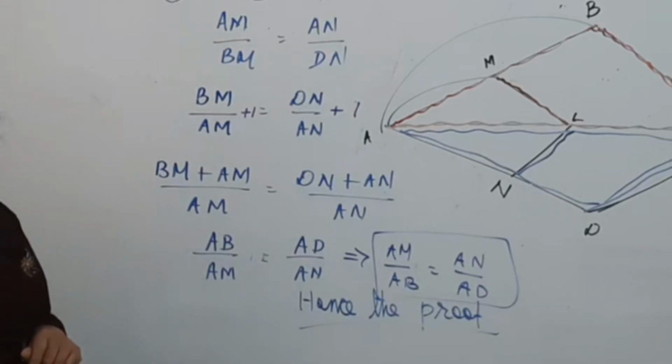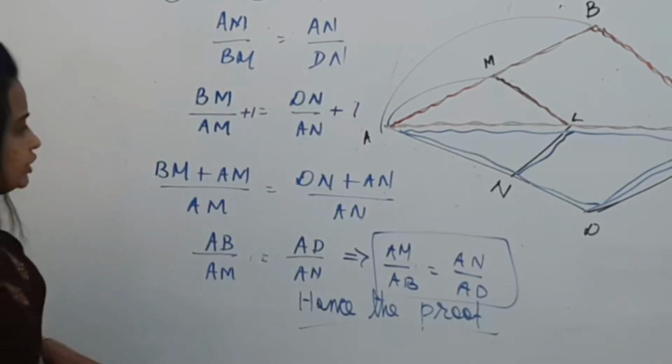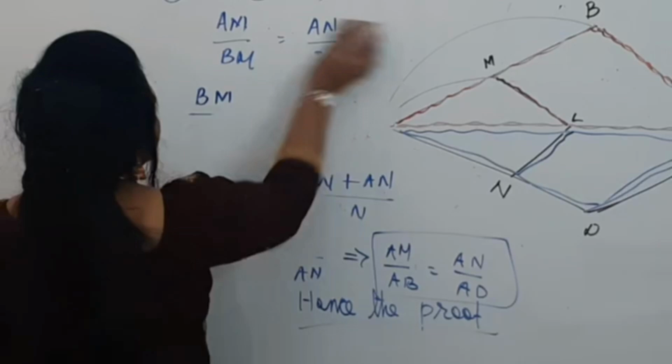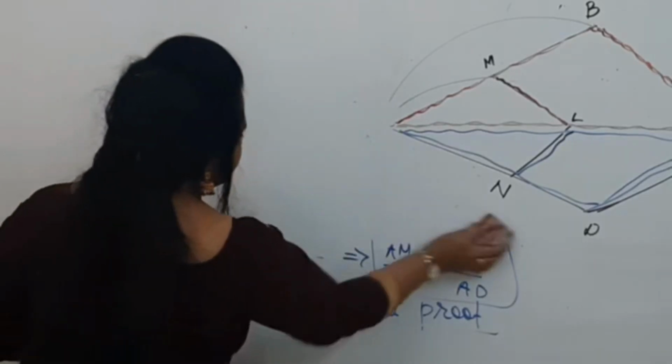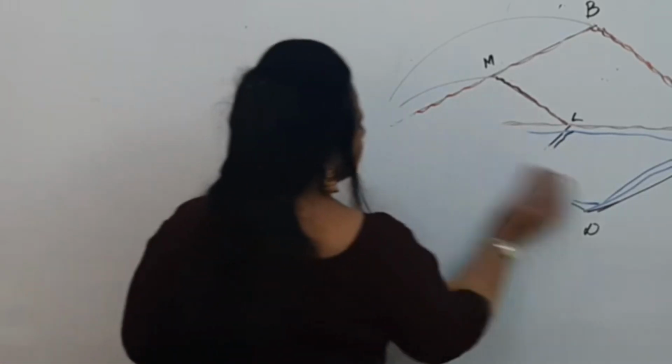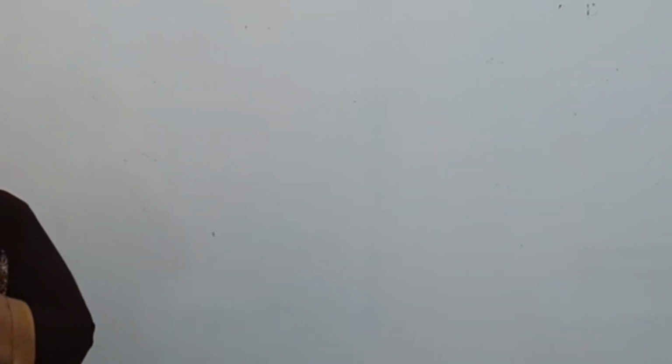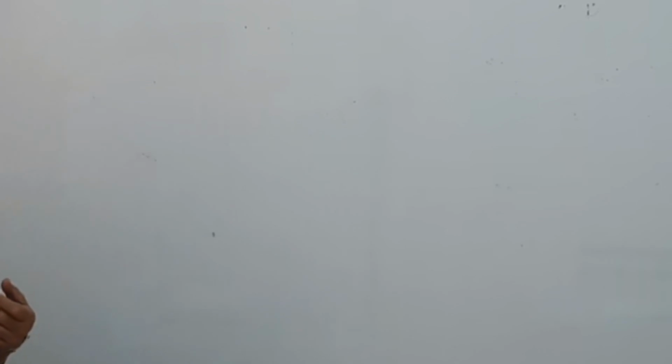Now we move on to the 4th question. So the 4th question says like this. The question is, in figure DE is parallel to AC. So I have to draw my triangle. Everywhere in this they are giving only the triangle ABC.